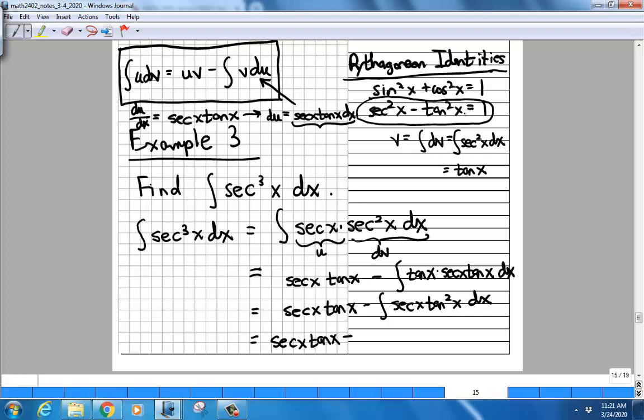So if you solve this equation for tangent squared x, what you get very nicely is that tangent squared of x is secant squared of x minus 1. See that? You can solve that equation for tangent squared x pretty easily.